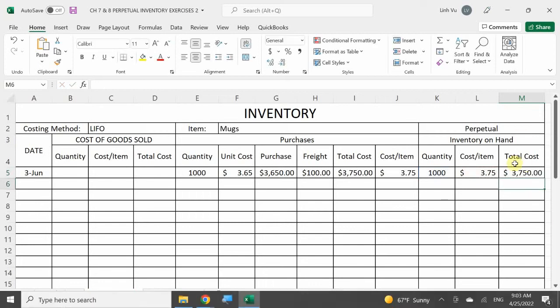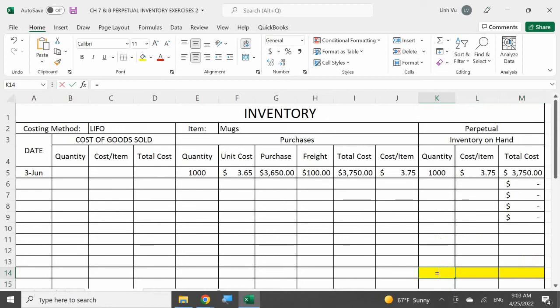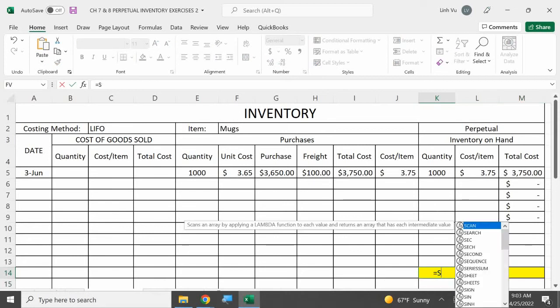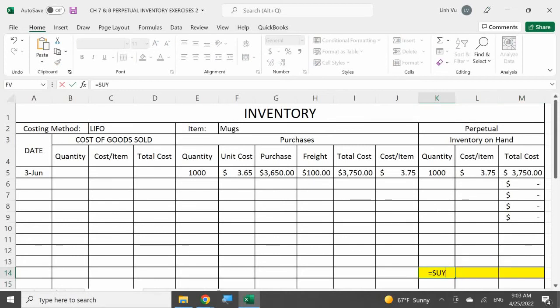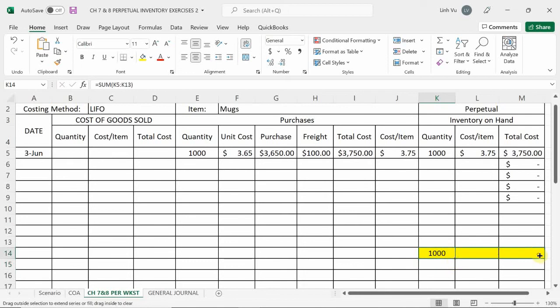I have a total of 3,750, and this will be my account balance, so I know how many units I have at all times. Right now, I should have 1,000 units at a grand total of $3,750.